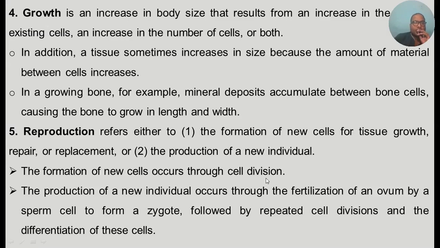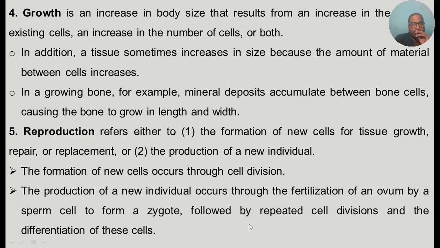The production of a new individual occurs through the fertilization of an ovum by a sperm cell to form a zygote, followed by repeated cell division and the differentiation of these cells. So here it is talking about fertilization and growth of a new organism via the fusion of two germ cells.